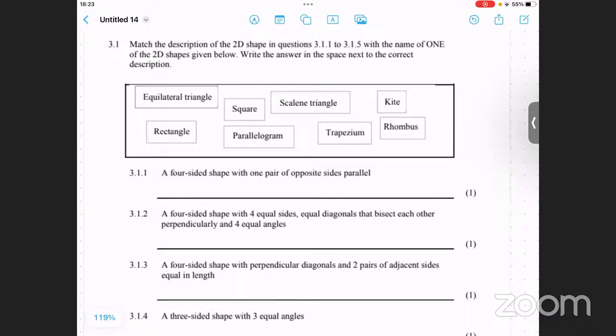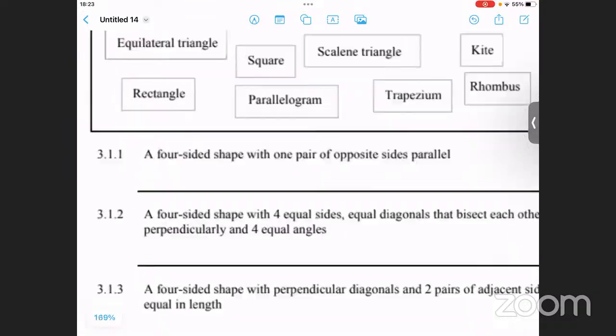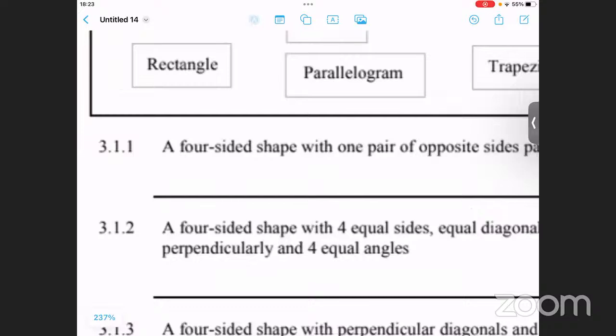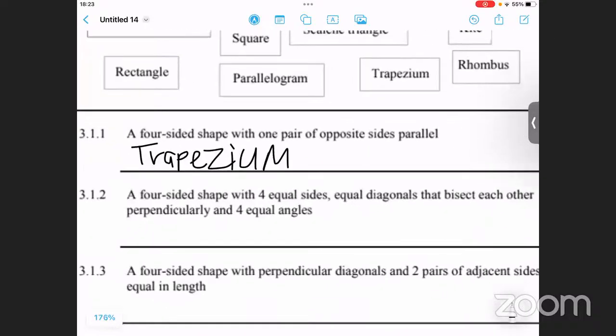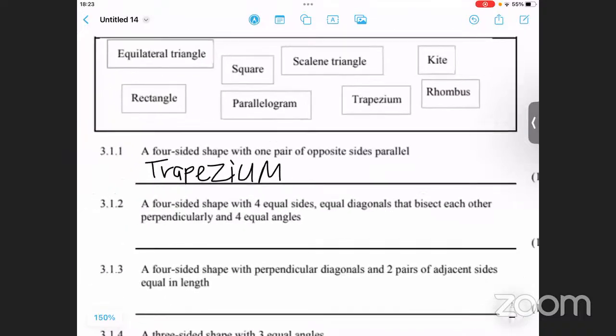Does everybody agree with that? Do you all agree with it? Yes, ma'am. Perfect, and that is correct. Now we have number 3.1.2.